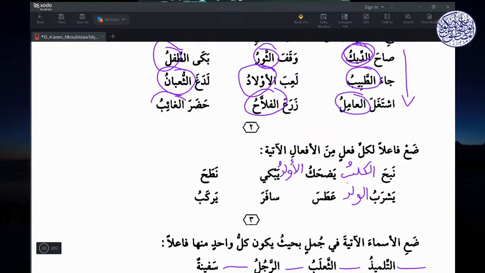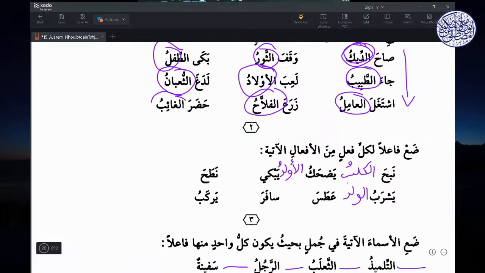As long as I begin with a verb, if my fa'il is plural, as long as I make the verb ahead of the doer here, then it's permissible for the verb to be singular. You don't have to say yashrabun al-awlad. As long as the verb is first, we can say al-awlad.